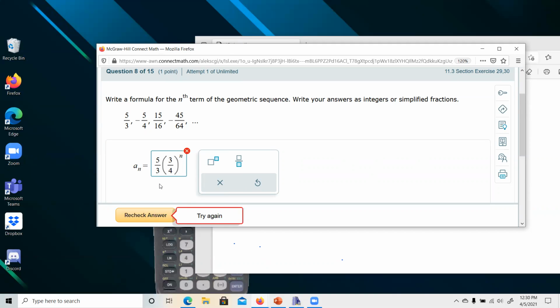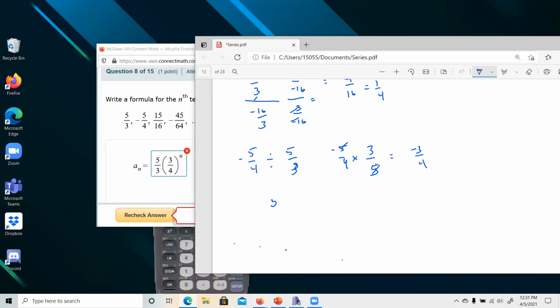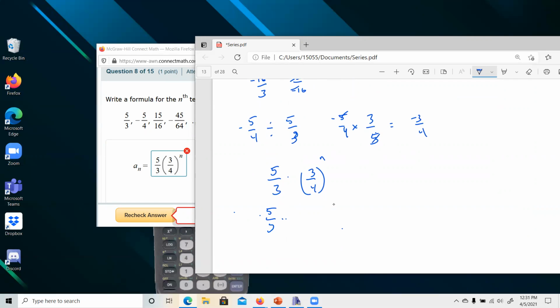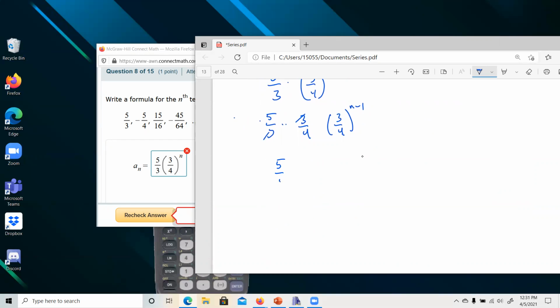How about we take 5/3 times 3/4 to the n, and let's do 5/3 times 3/4 times 3/4 to the n minus 1. So I pulled one away, and that cancels, and we've got 5/4 times 3/4 to the n minus 1. Let's see if that'll work out.